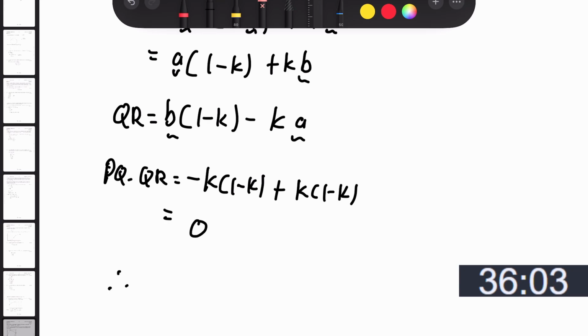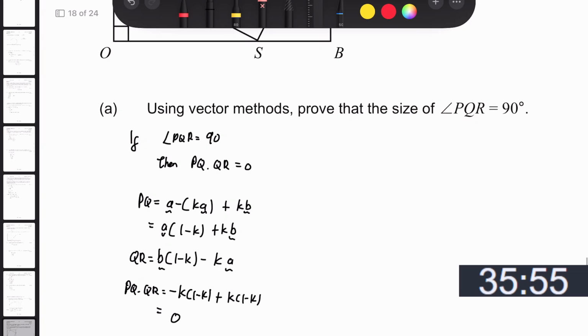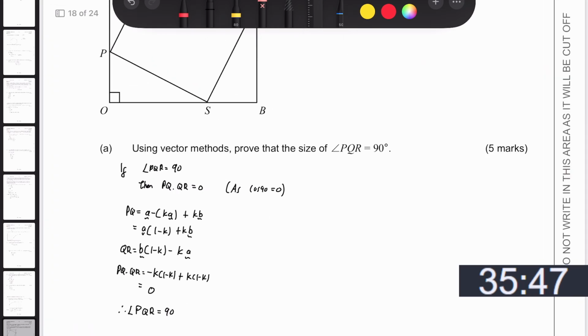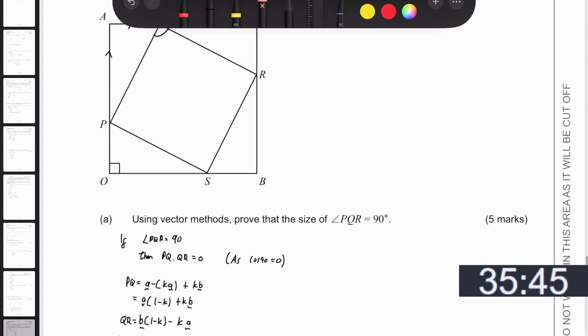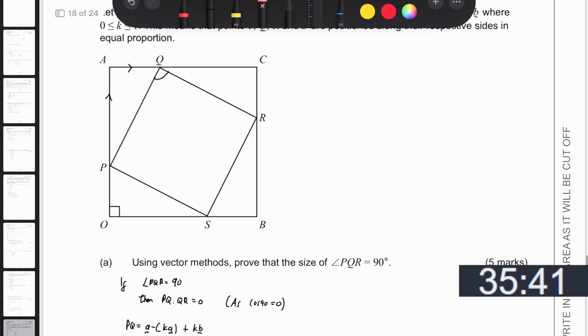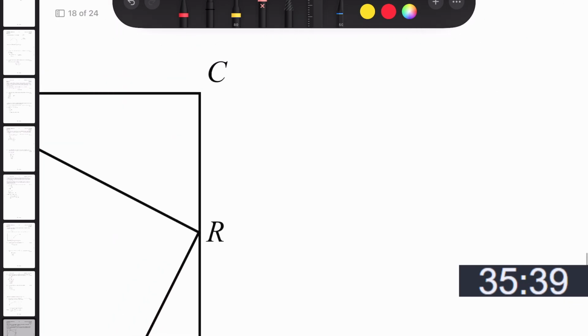Therefore the angle PQR is equal to 90. So cosine of 90 equals 0.